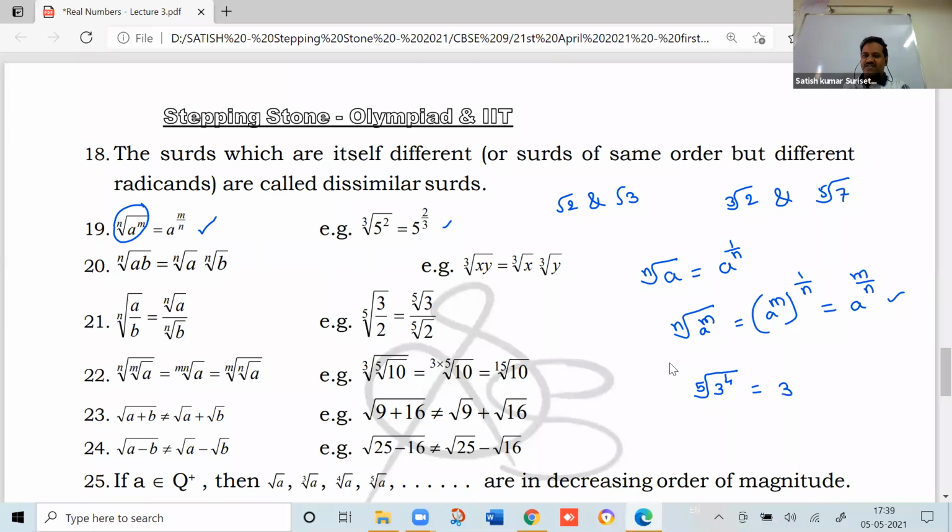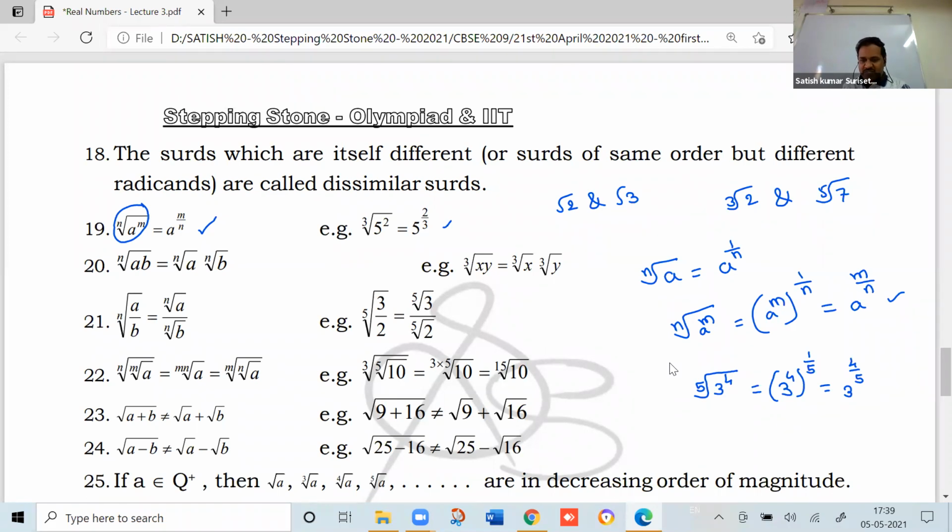No, I should write 3 to the power of 4 whole to the power of 1 by 5, which will be the same as 3 to the power of 4 by 5. Everybody should respond whether it is correct or wrong.